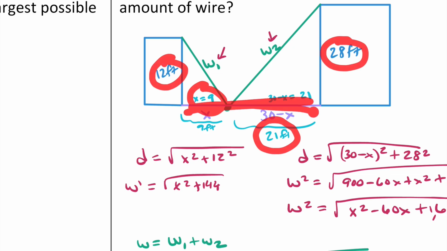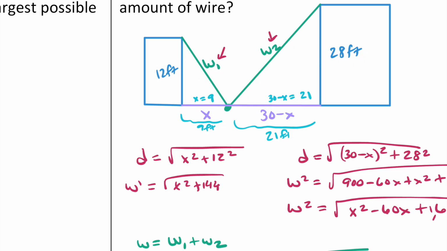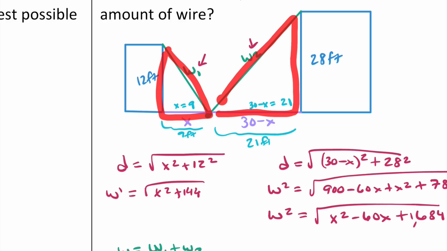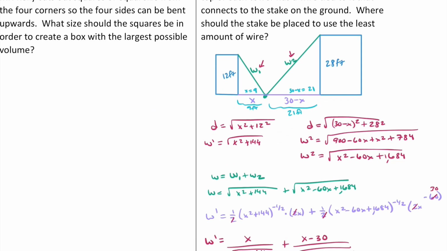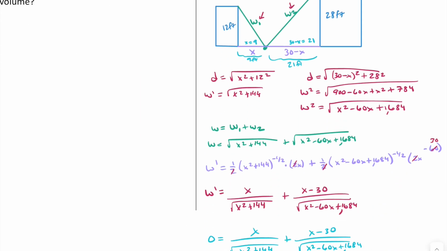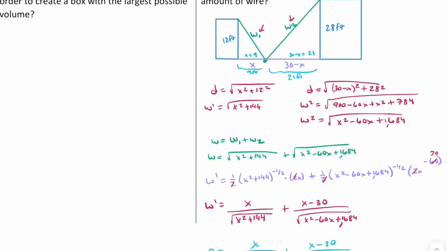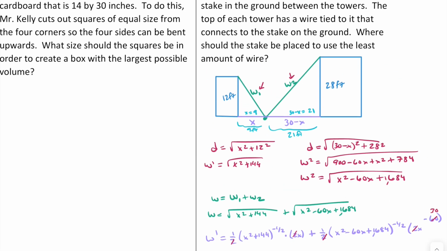What we pretty much did was the minimum distance of this entire wire is when we have a perfect scenario of similar triangles. And anything off of that, we're not going to get a minimum, but it's kind of beautiful math here where 9 is to 12 as 21 is to 28. You can't just set up your proportion and make it work. You have to use calculus techniques to figure it out, but we notice that that is something that happens.